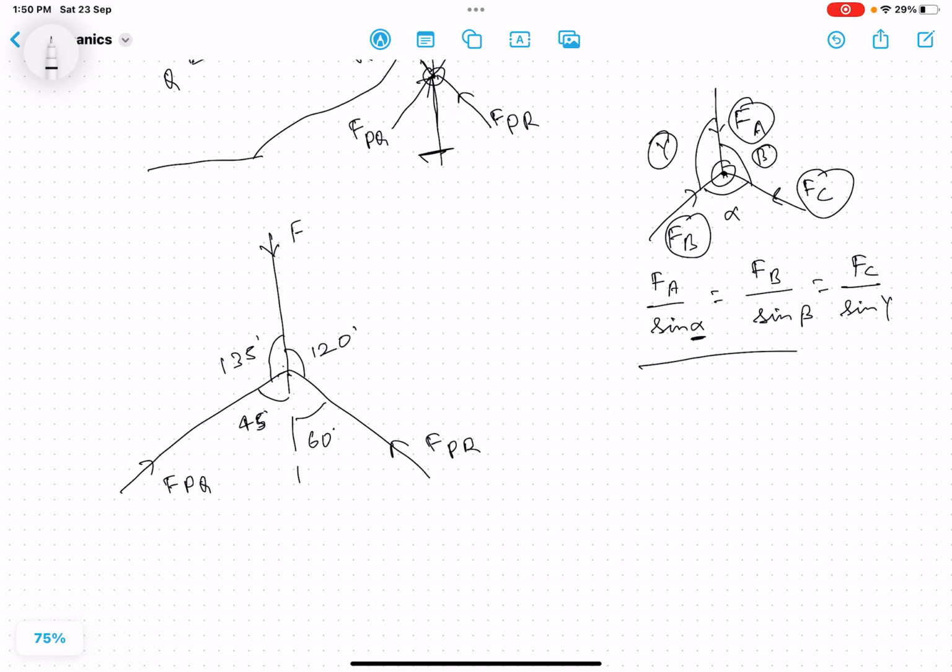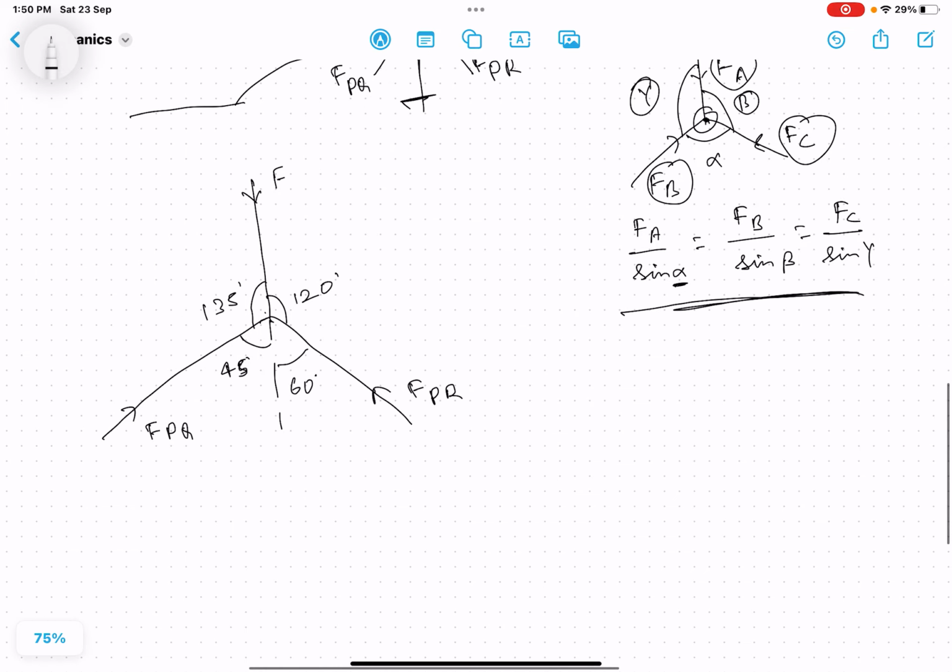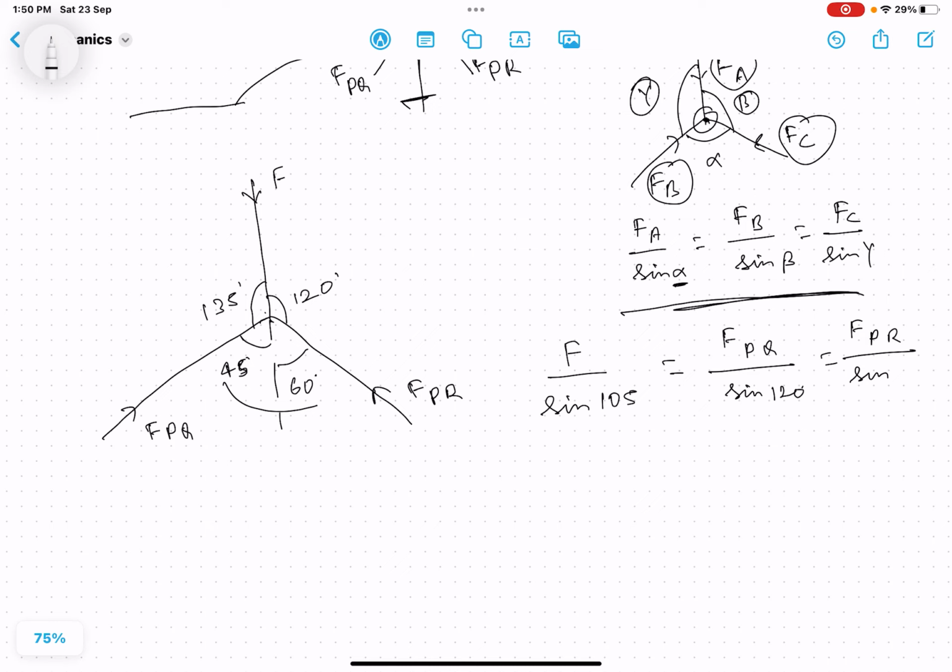So we will apply this theorem here. So this is F by sine of 105, the summation of these two, equals F of PQ by sine of 120, and F of PR equals sine of 135 degrees.